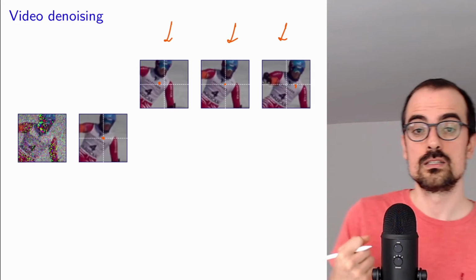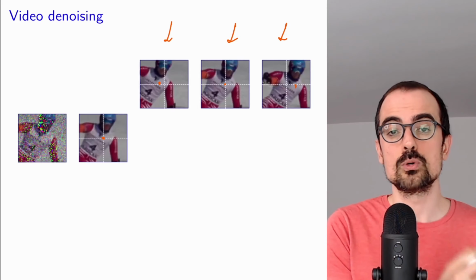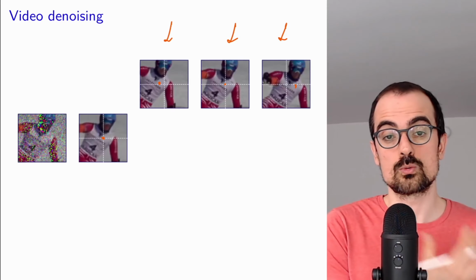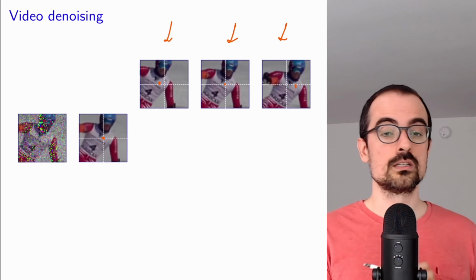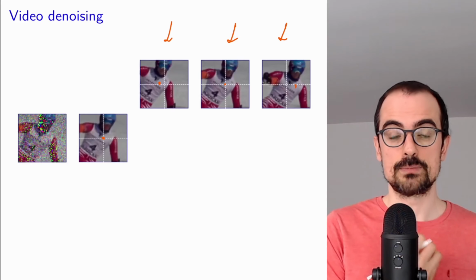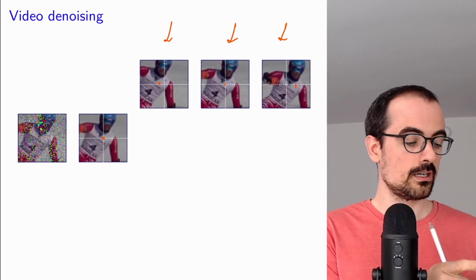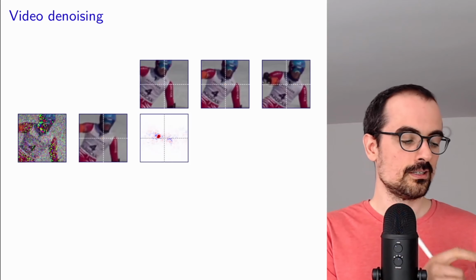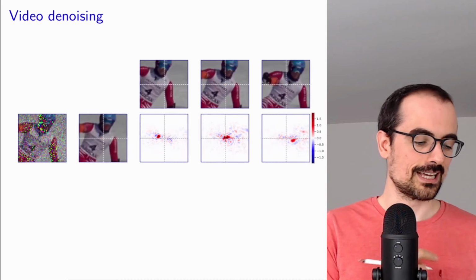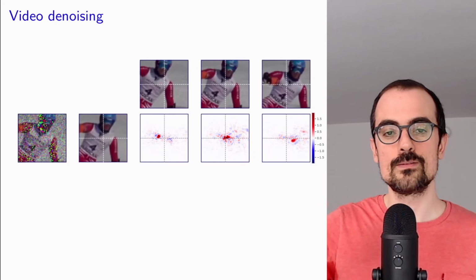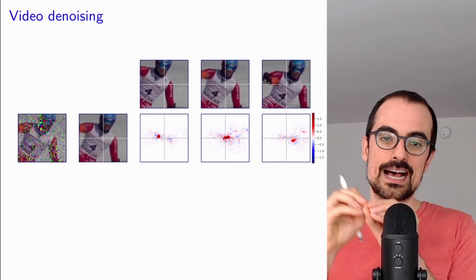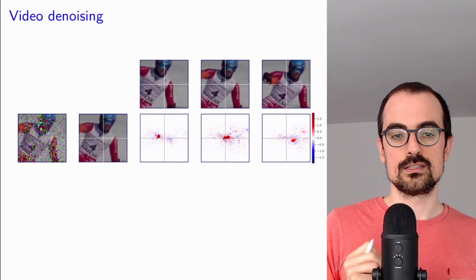And when we look at what part of the input frames the network is using to denoise that specific point on the shirt of the skier, we see that it moves along with the skier. So the network understands that there's motion within the video, and it performs an averaging that takes into account that motion.